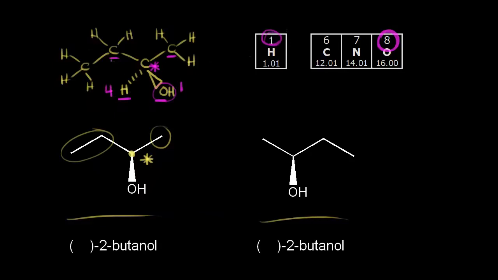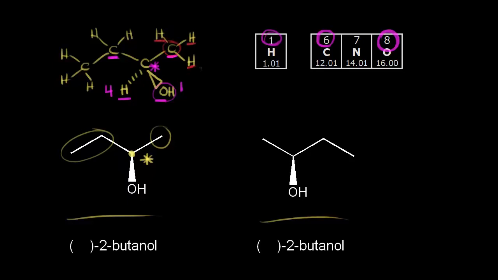Finally, we have 2 carbons, and 2 carbons would of course be a tie. Carbon has atomic number of 6. So we have to find a way to break the tie. So the way to do a tiebreaker is to look at the atoms that are directly bonded to those carbons. So we'll start with the carbon on the right. The carbon on the right is directly bonded to 3 hydrogens.